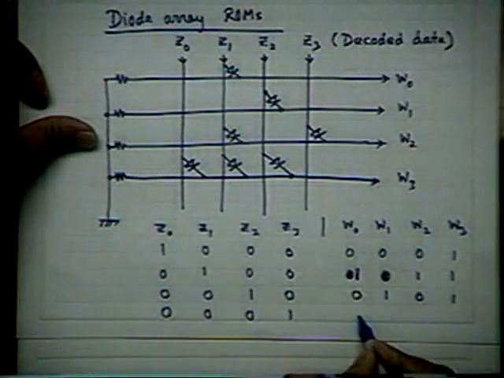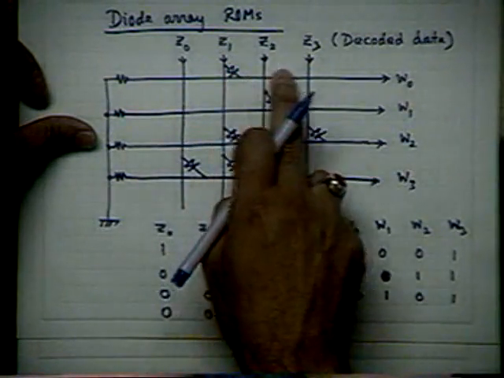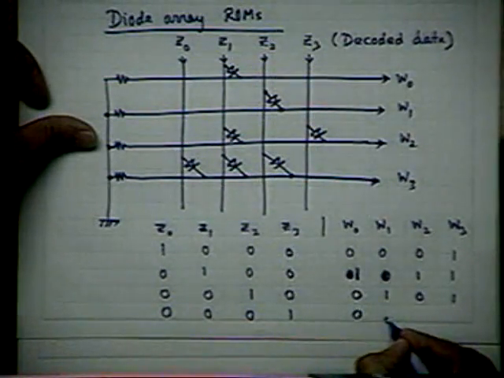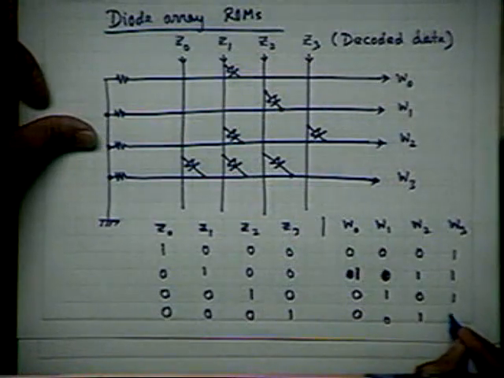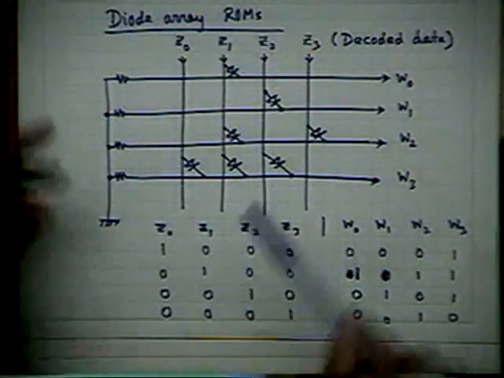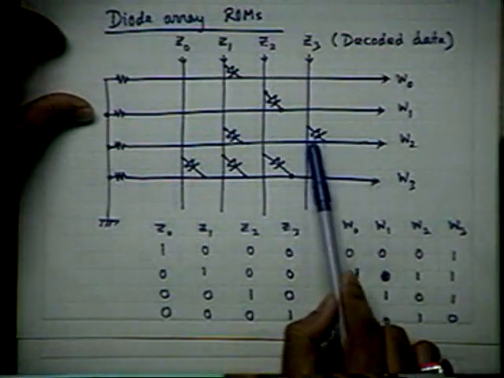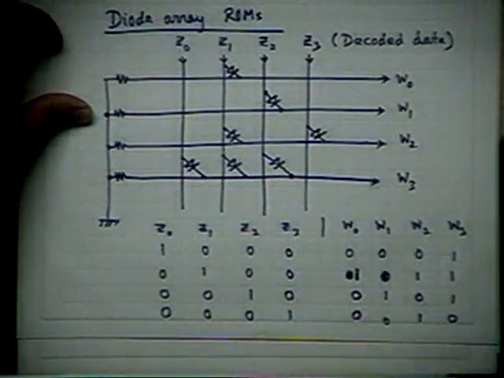You get at the output 0, 0, 0, 1, 0, 0, 1, 0. You just see whether there is a diode in the particular column or not. Say only in W2, in the intersection of W2 and Z3, there is a diode. So here I have a 1, all other bits are 0.